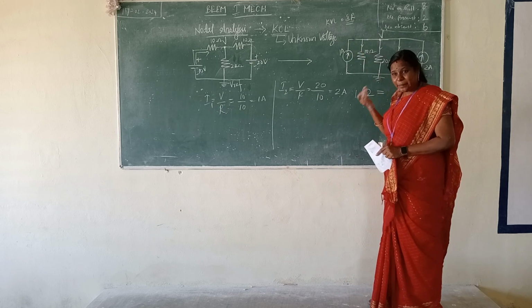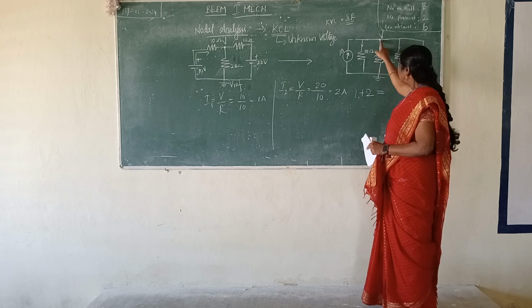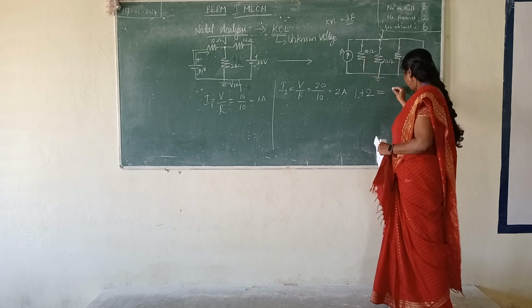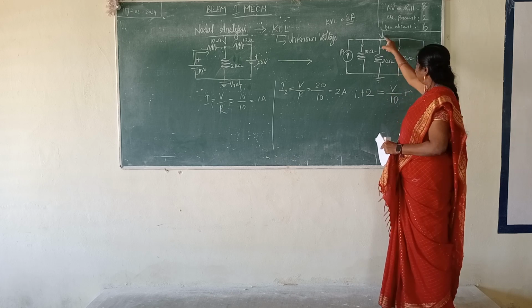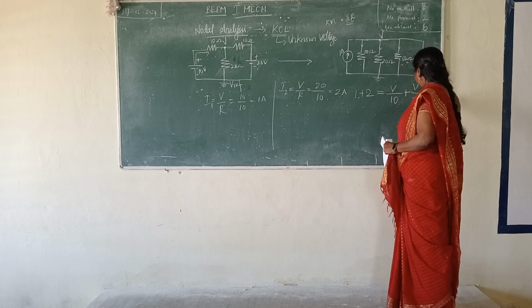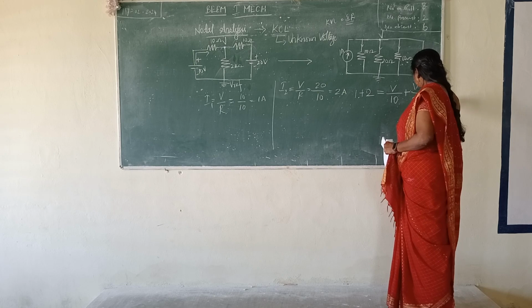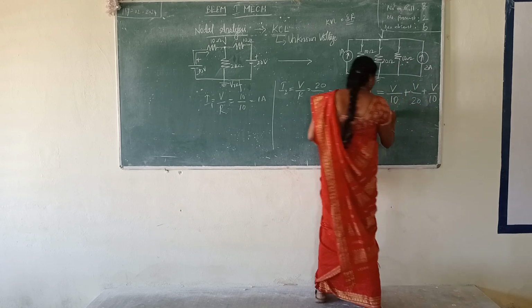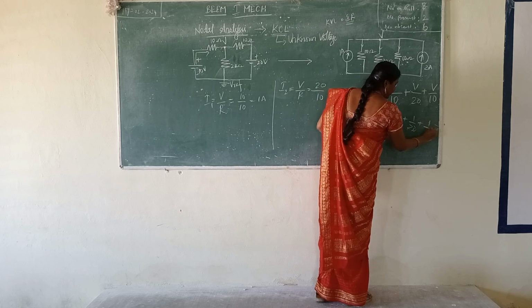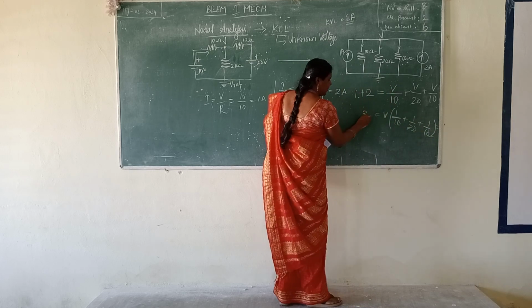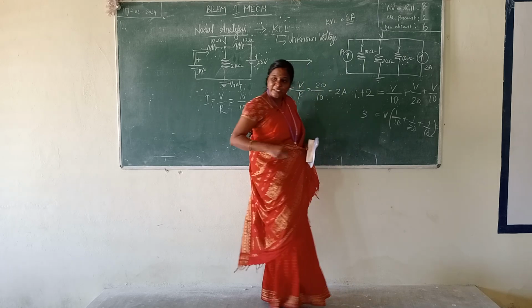Current form means V by R. V is what I am going to find out. So V by 10 plus V by 20 plus V by 10. You can take V common. 1 by 10, 1 by 20, 1 by 10. You can solve it in calculator. This is 3. Bring that to the denominator. V will come.